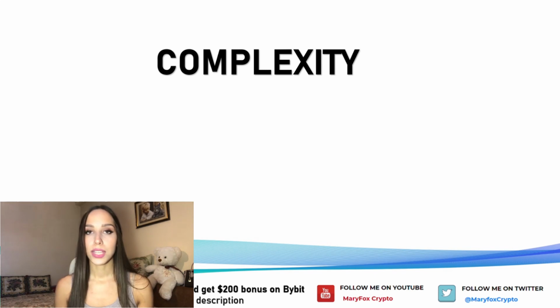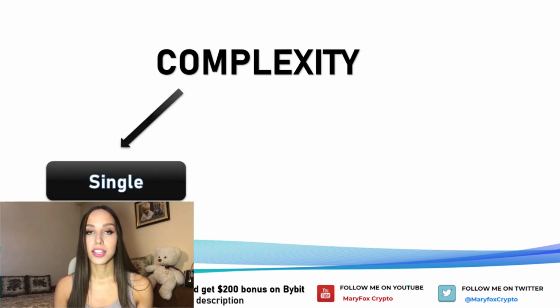A complexity of a candlestick pattern means how many candlesticks compose the pattern. This method of classifying candlestick patterns relies only on the number of candles. And the first type is a single candlestick pattern. This means that only one candle is forming the whole pattern, and the shape of this candle will show us where the price will go next.